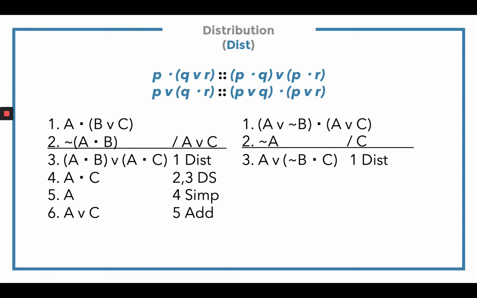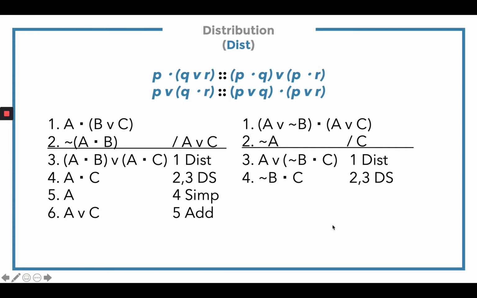Now we know not A from line 2. Again, disjunctive syllogism. So one thing you'll notice with a lot of these, we're doing disjunctive syllogisms. Before, we were looking at modus ponens, modus tollens, hypothetical syllogism, using those a lot to get the conclusions we want. But disjunctive syllogism can be really helpful here, and it's something we're going to use with some frequency.